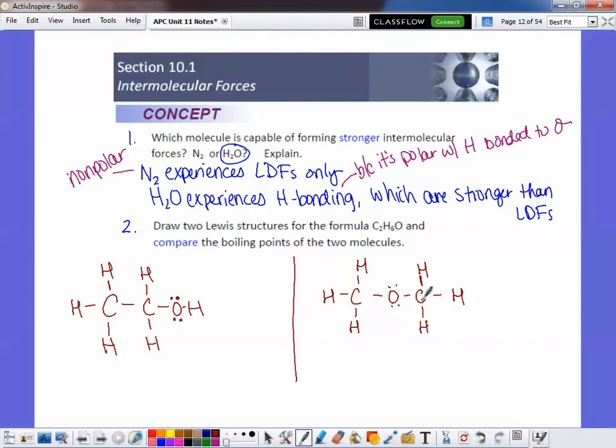All right. We are going to do an organic unit after the AP exam, so this is a little preview to that. This one is called ethanol. This is an alcohol group. You might know that from biology, but an OH is an alcohol group. And then this, does anyone know what this one's called?